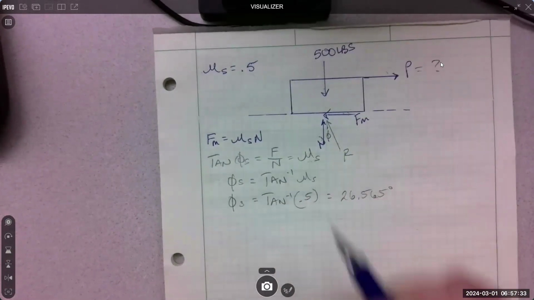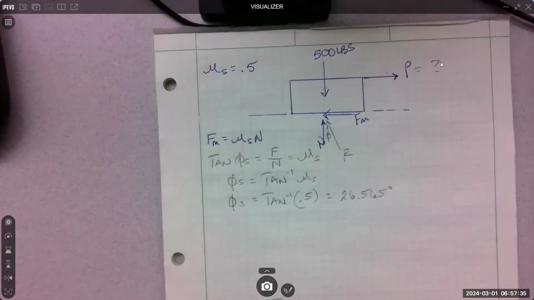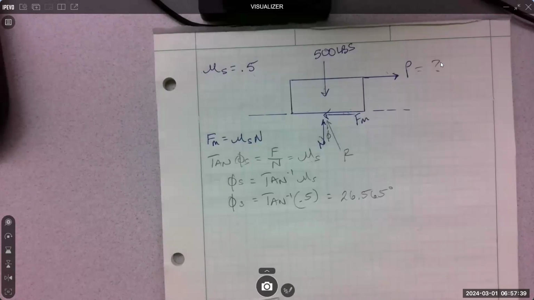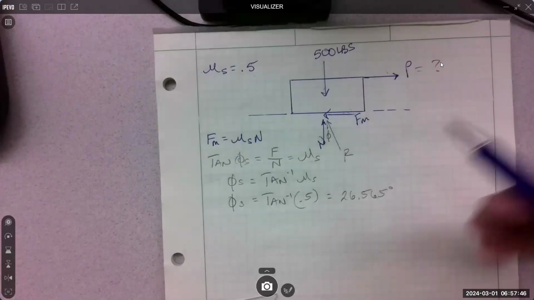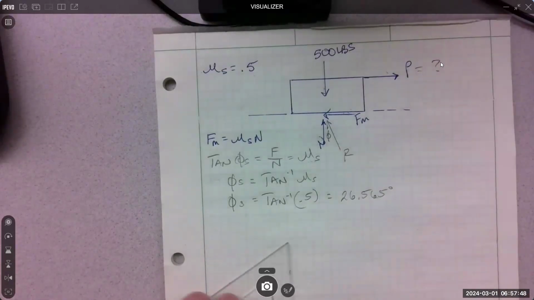You're using the coefficient, okay? Just keep that in mind. You can determine sliding or not sliding, but you have to think deeper. This will solve for P at the maximum condition, right?